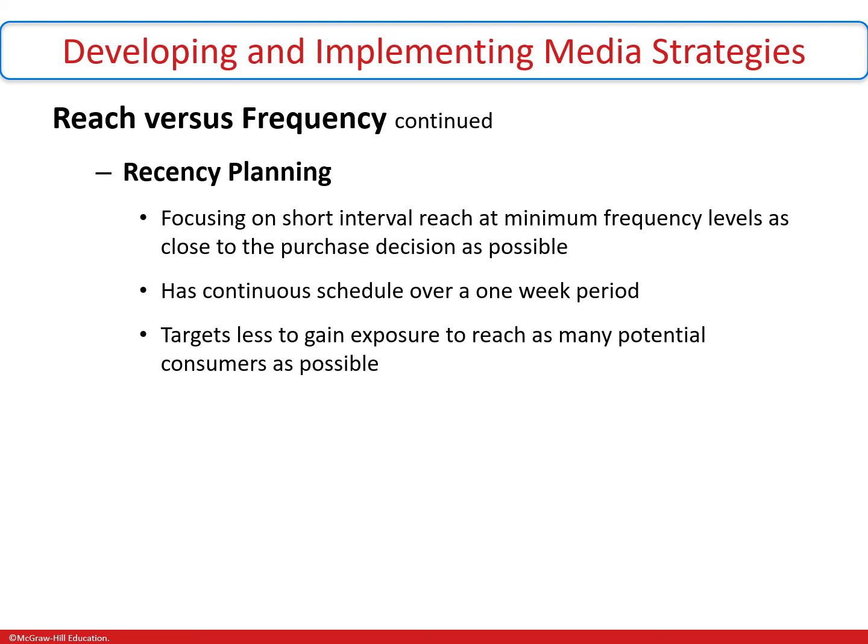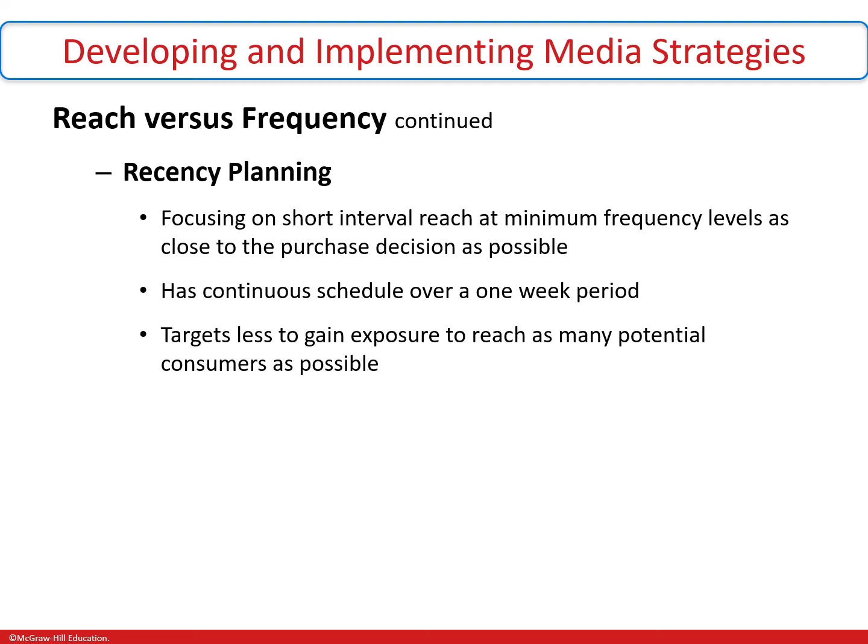Now, one of the things that we can also plan for is recency. And here we would be focusing on short interval reach at minimum frequency levels as close to the purchase decisions as possible.